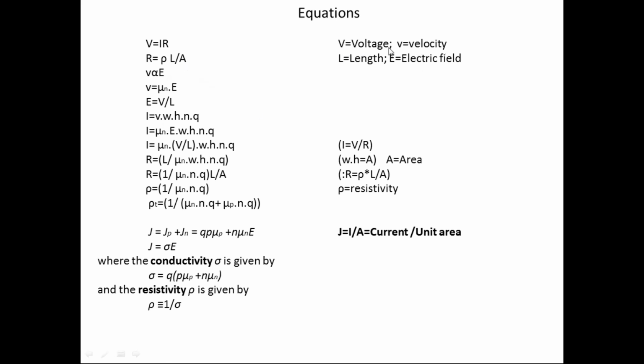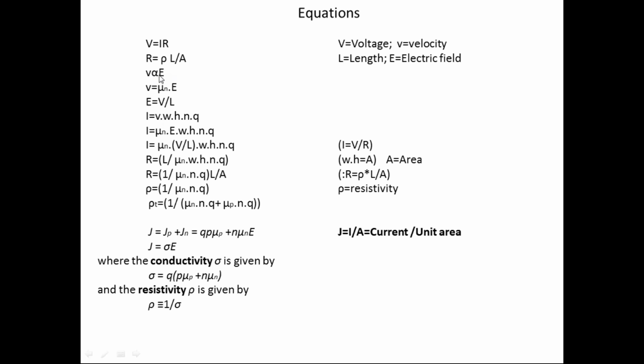Here small v is velocity, capital V is voltage, L is length, and E is electric field. Now we know that velocity is directly proportional to the electric field. Observe here, on the left side velocity, on the right side the electric field.